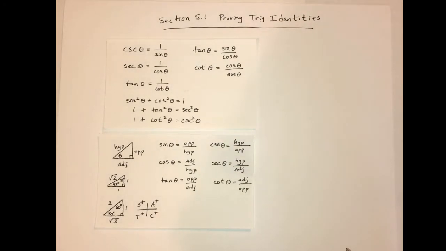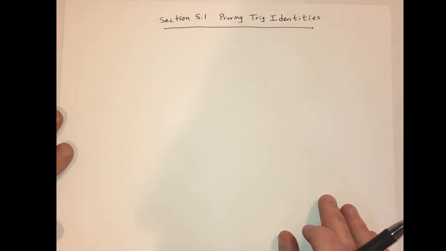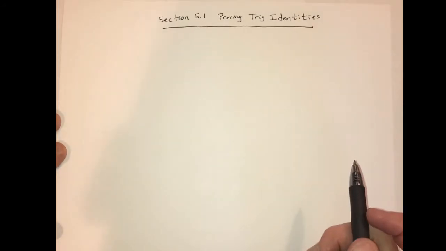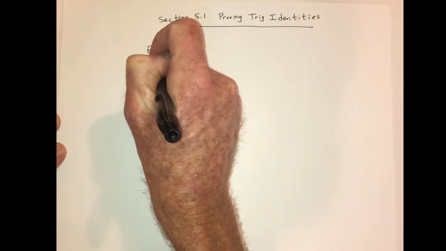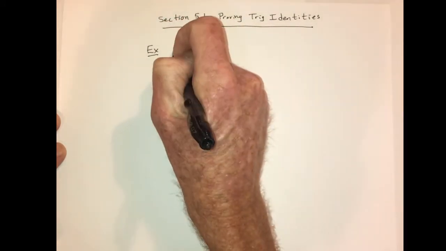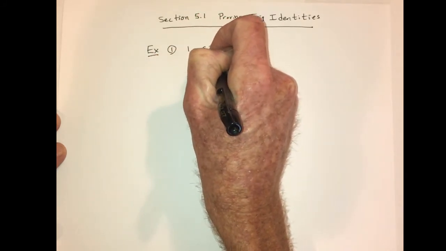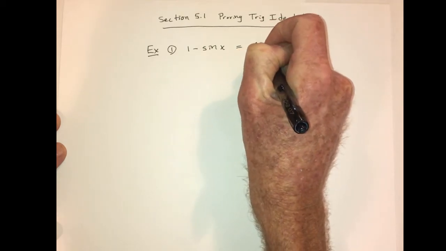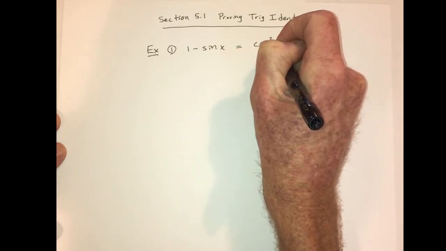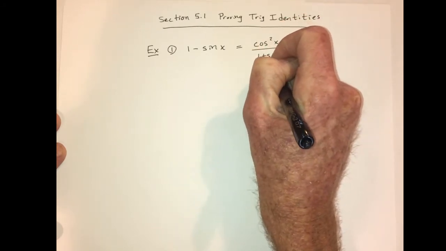So we'll be using these trig identities along with some algebra skills. And what you do is take an identity like, so this is a whole new identity, not one that we've seen before. 1 minus sine of x equals cosine squared x divided by 1 plus sine x.